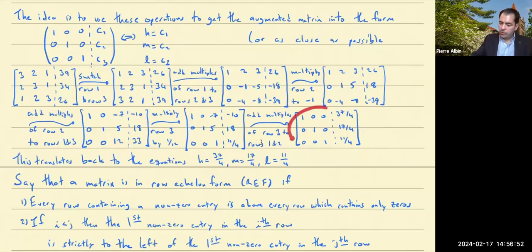Right, so this is in row echelon form because the first non-zero entry of each row occurs to the left of all of the non-zero entries in rows above it.